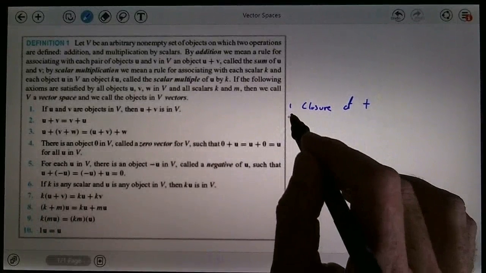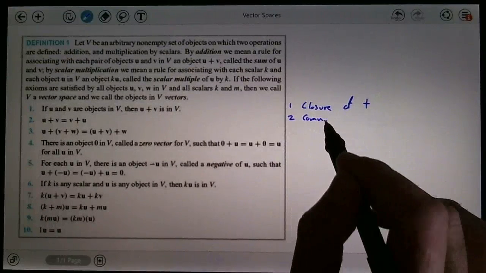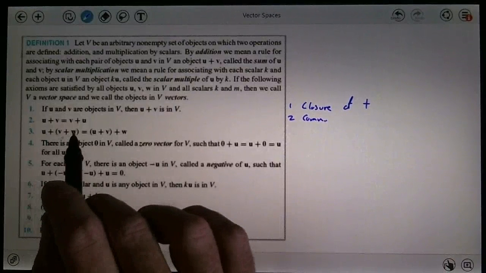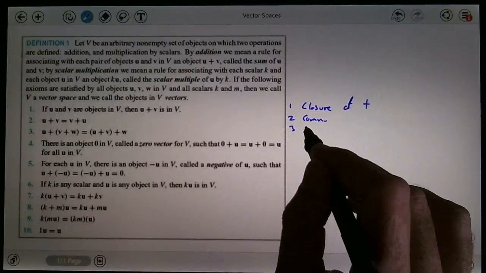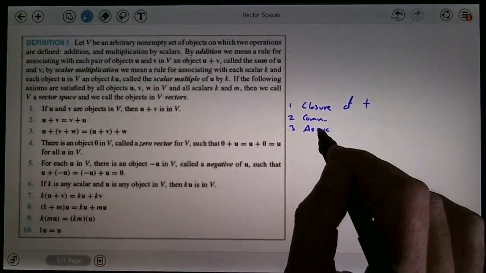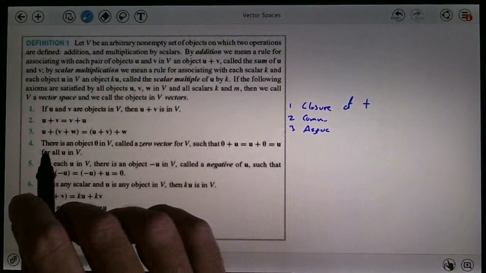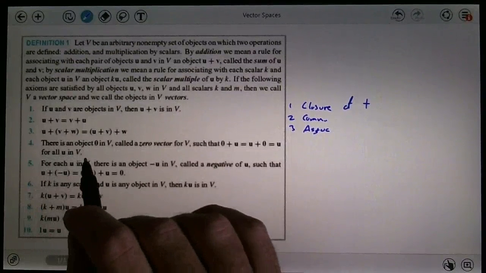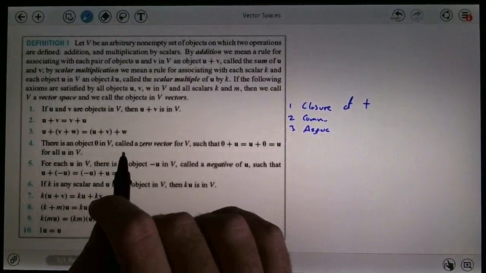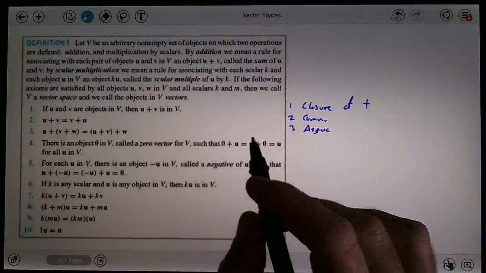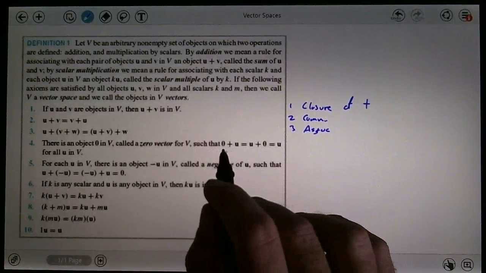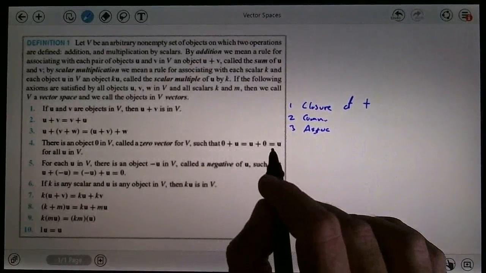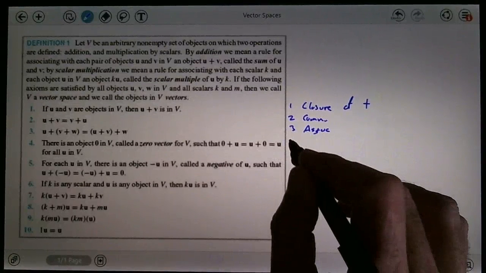Number two is the commutative property. Number three is the associative property. Number four, there is an object in the vector space which we call the zero vector, such that 0 plus u equals u plus 0 equals u for all u in the vector space.